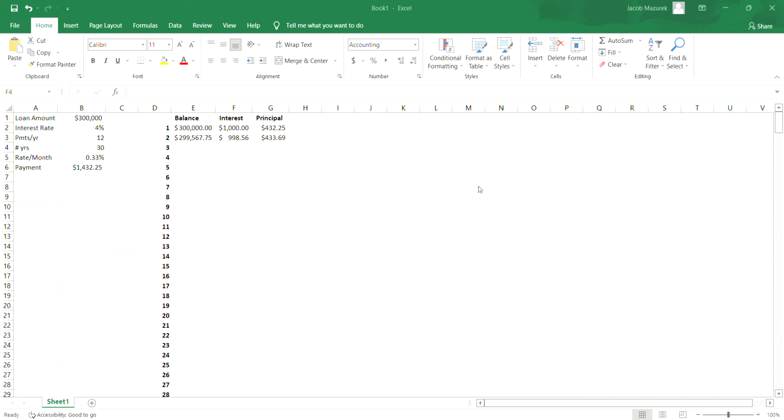I did it slightly wrong, but that's okay. I should have put the decimal over a couple, I should have thrown a couple zeros in here, but it comes out to about the same.